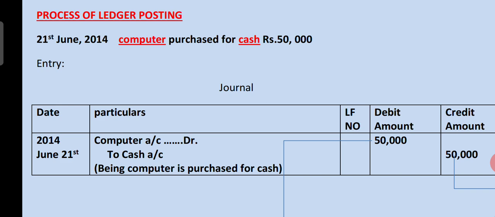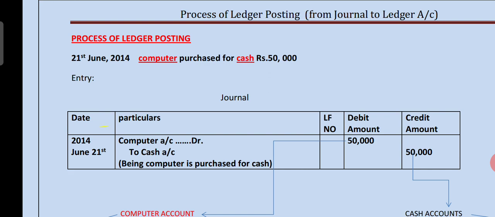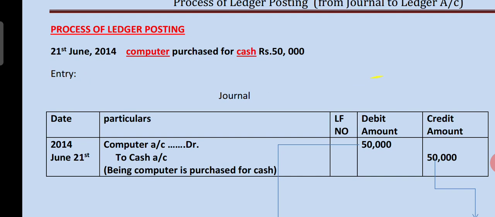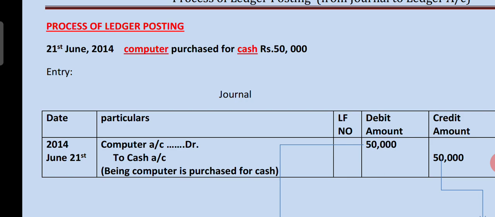So it is the business transaction. You know the procedure how to write the journal entry for the given business transaction, and if you write the entry, that would be like this.